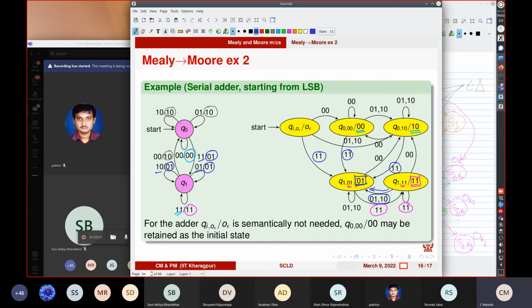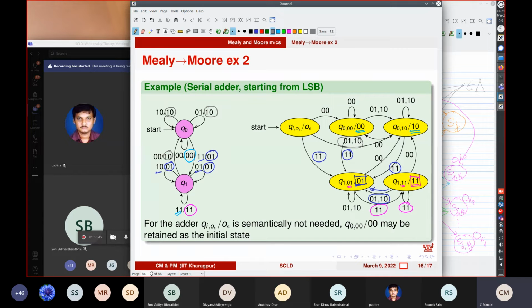So this is a successor of Q0 on 1, 0 to get the output 1, 0. It is both for 1, 0 and 0, 1. For 1, 0 and 0, 1, I am going to this copy of Q0 to get the output 1, 0.